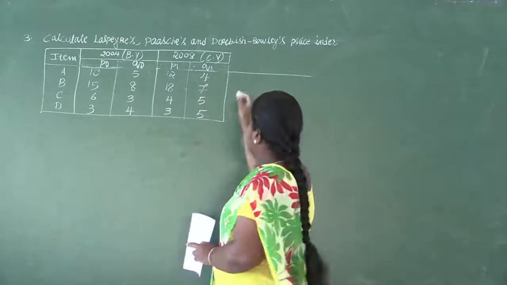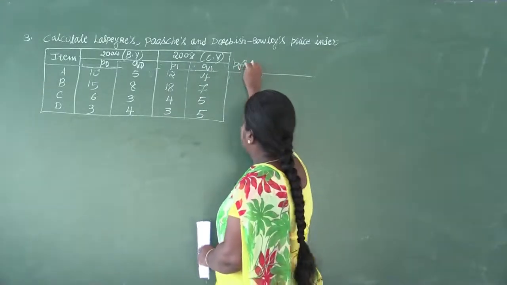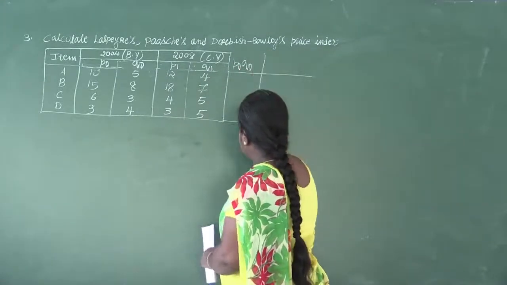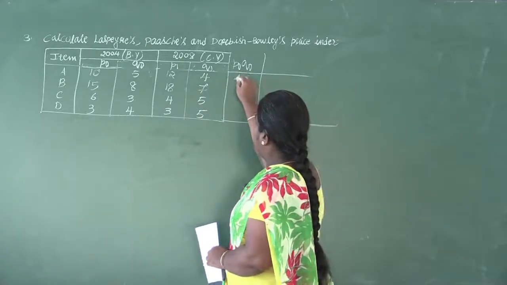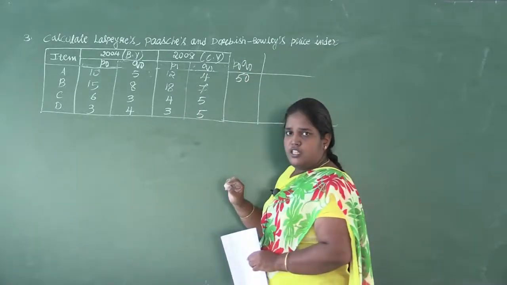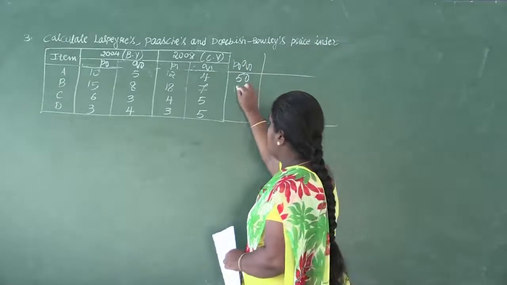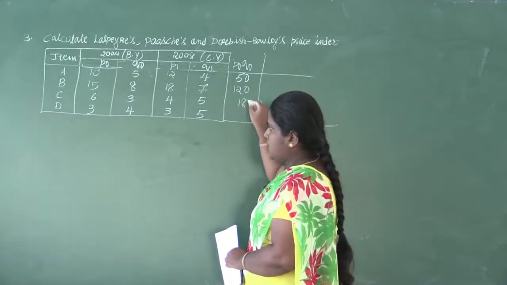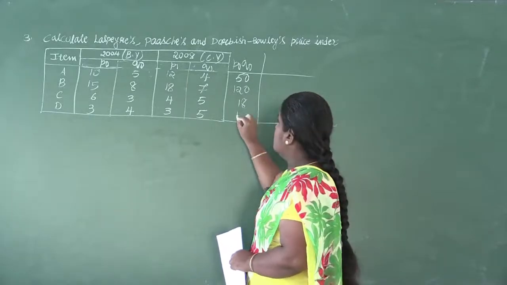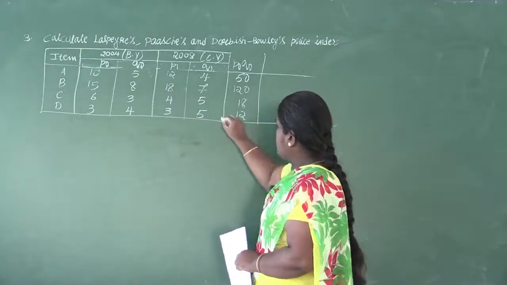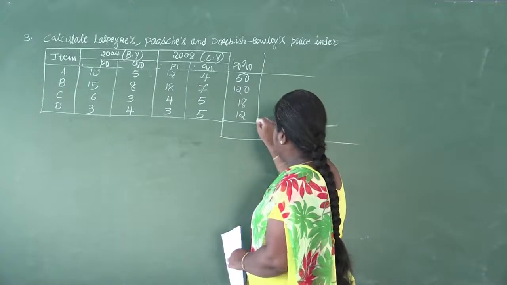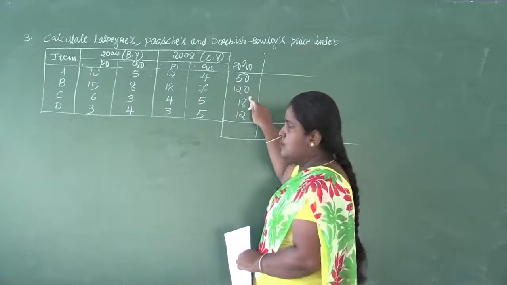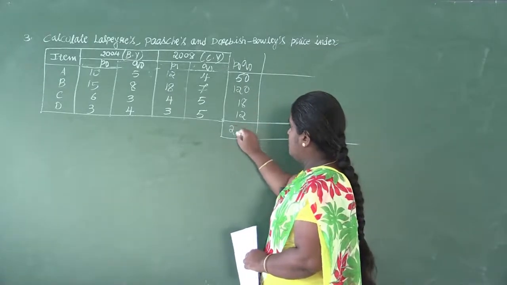Then multiply P0 and Q0. The first value is 10 into 5, we'll get 50. Then 15 into 8, 120. 6 into 3, 18. 3 into 4, 12. Then do the total. So 50, 120, 18 and 12 will get 200.